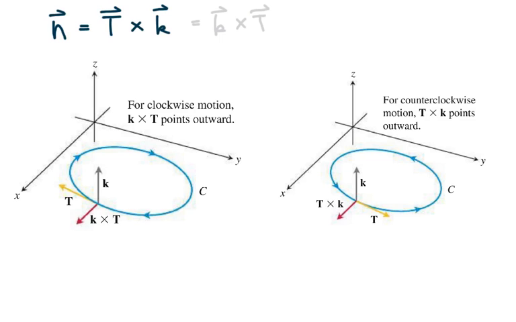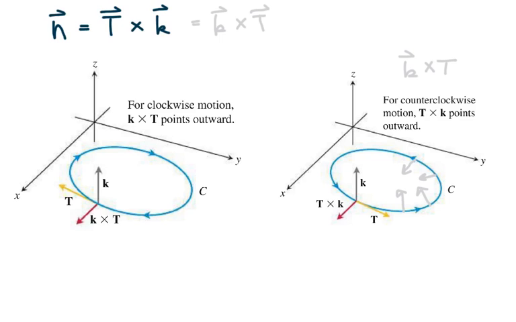So if I had calculated K cross T for this second figure, I would get these n vectors all pointing in, and we don't want them pointing in, we want them pointing out. There's a further derivation; they talk about this more in your text. But since we want to define T cross K to equal n, and we want it to be pointing outwards, we need to use a counterclockwise motion.